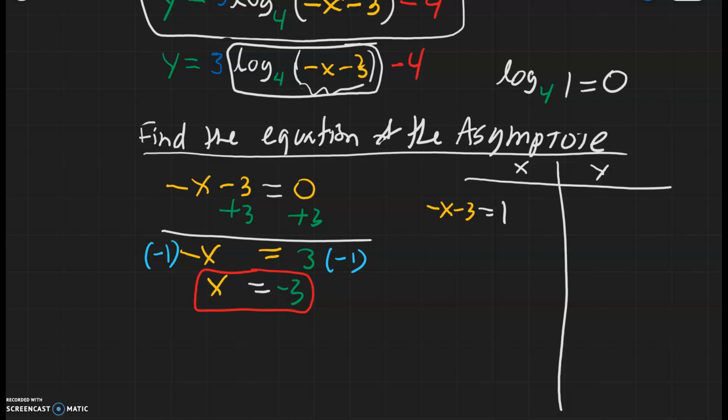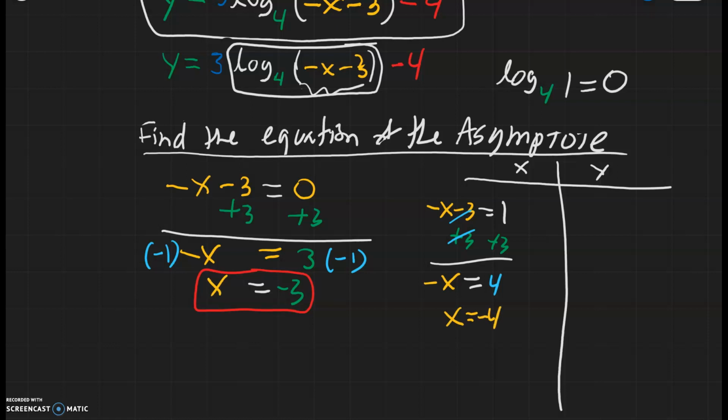So I'll solve for x, add 3 to both sides, and I end up with negative x is equal to 4, because these cancel out. And again, I want a positive x, so my positive x would equal negative 4.